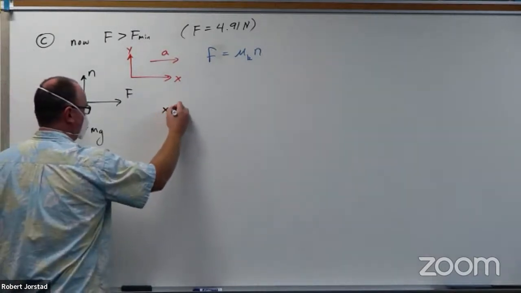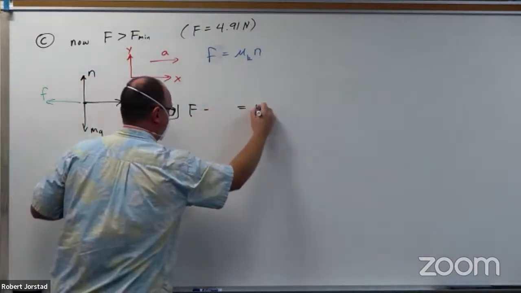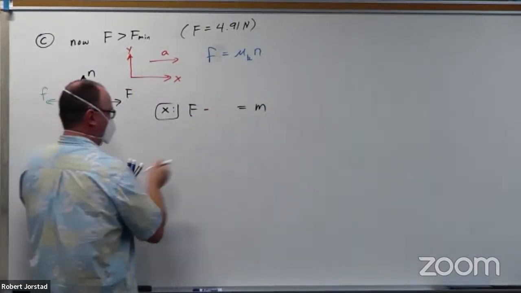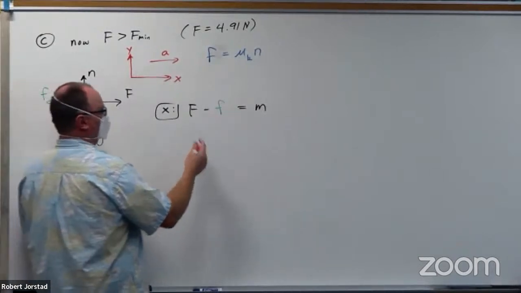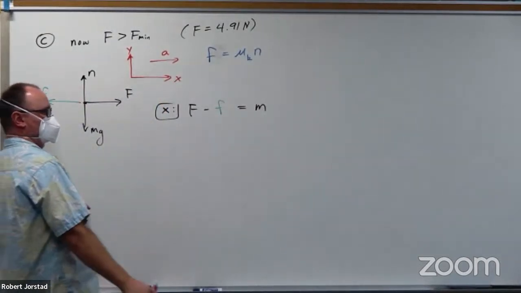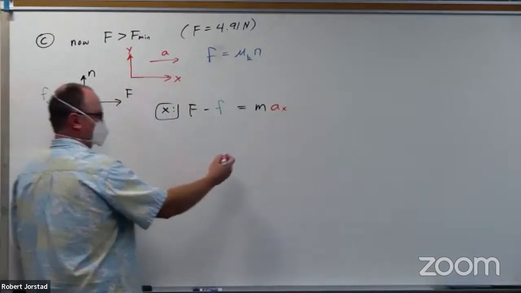So in the x direction, what do I get? F minus little f equals m a_x. What's a_x in this problem? Is it 0 or is it something? Yeah, so let's call that a.